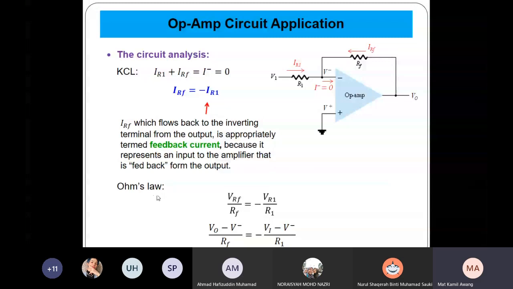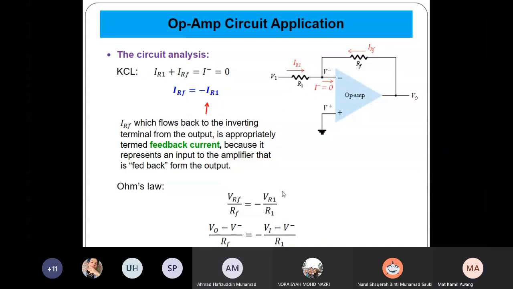So by using Ohm's law, V equal to IR, so I is equal to V over R, right? So therefore, IRF is equal to the voltage across this RF divided by the resistance RF. So you get this, and minus IR1 is minus the voltage VR1, the voltage across this R1 resistor, divided by R1.